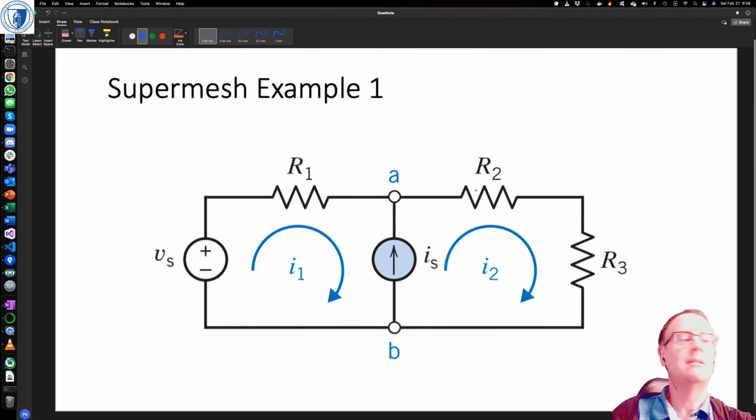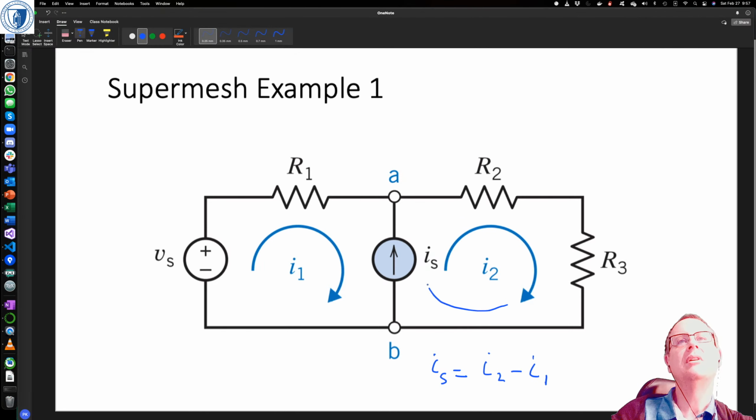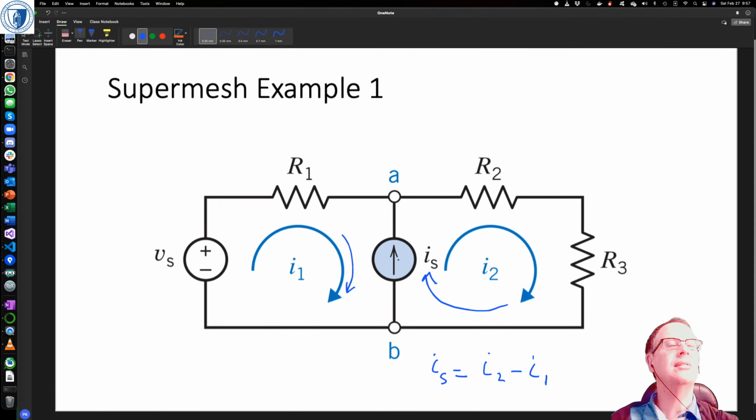So one equation that we could come up with is IS equals I2 minus I1. I2 is flowing in the same direction, and I1 is flowing against IS, so I1's going to be negated. So that's going to be our KCL equation for this circuit.